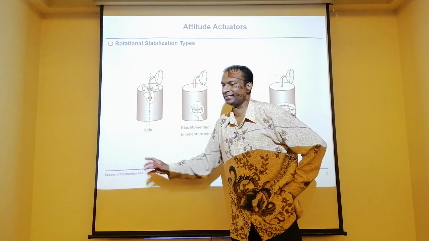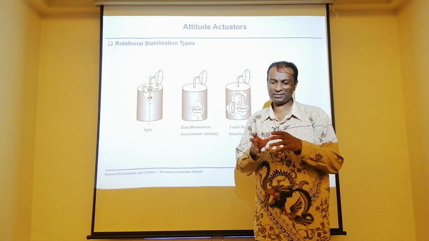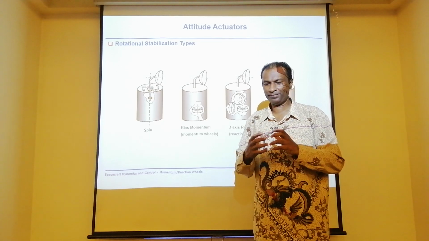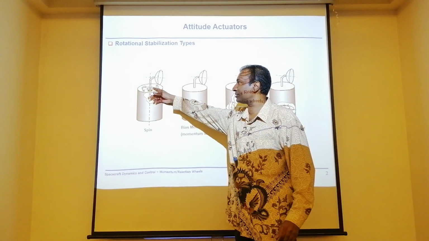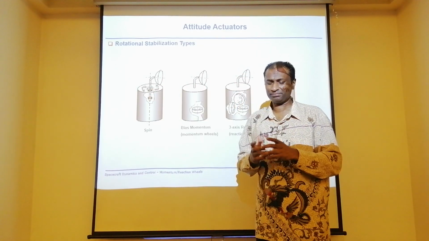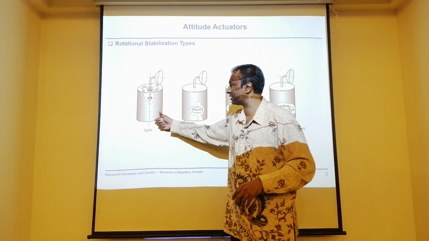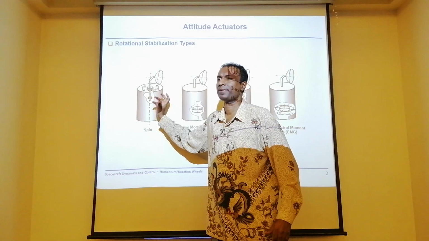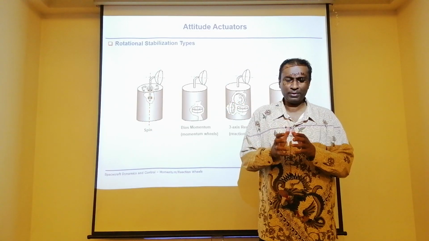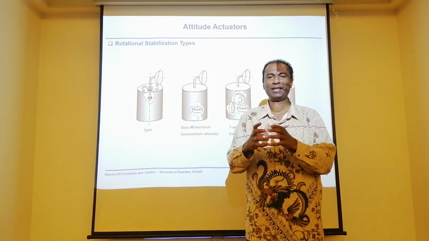So satellite designers found that it's so boring to only have a spinning satellite, where the cylinder is spinning and by the end of the day I still have to take care of the pointing. So why not make something spinning inside and produce the angular momentum? When we throw a spinning top and it spins very fast, what happens?